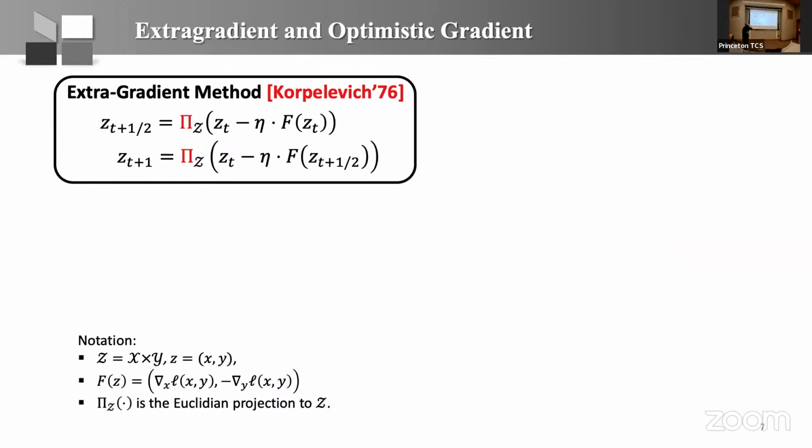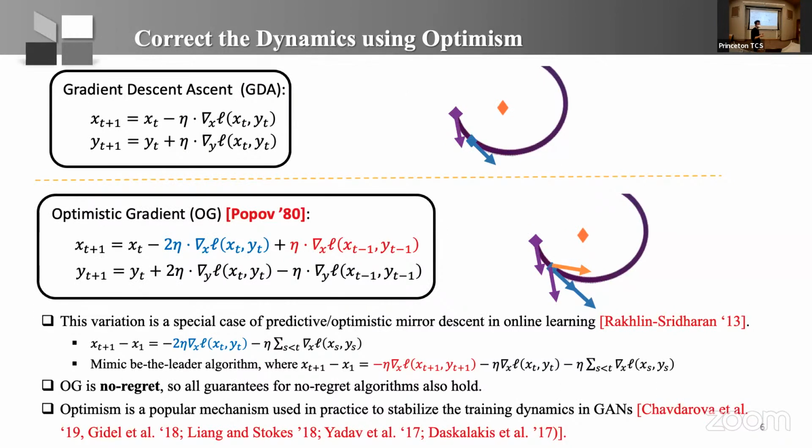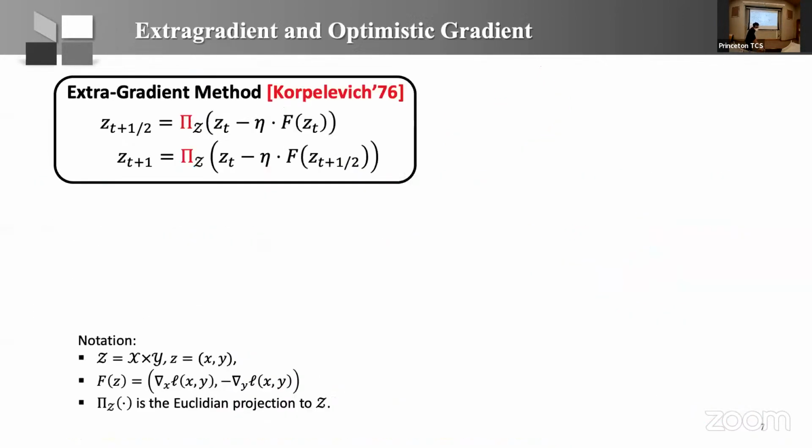There's another algorithm very similar to optimistic gradient descent that I'd also like to talk about. Since I want to apply the result to games, note that the update rule I showed on the previous slide has no projection, because it is unconstrained. If you do this gradient update on games, you need to do projection. So I'm going to show you what it looks like with projection.